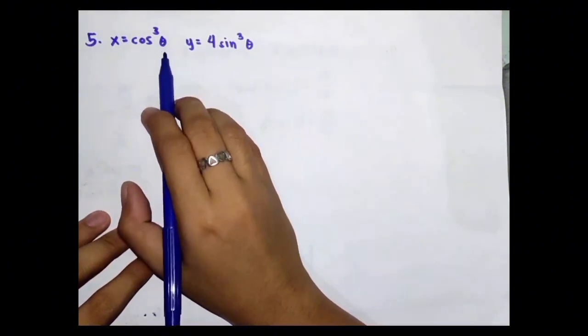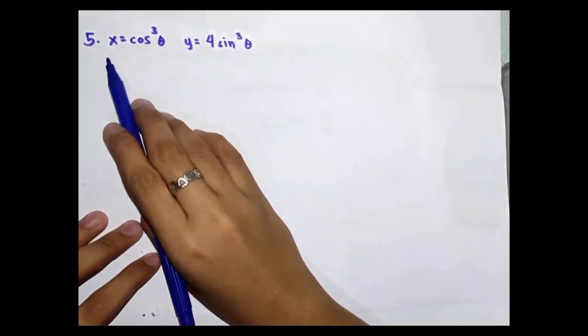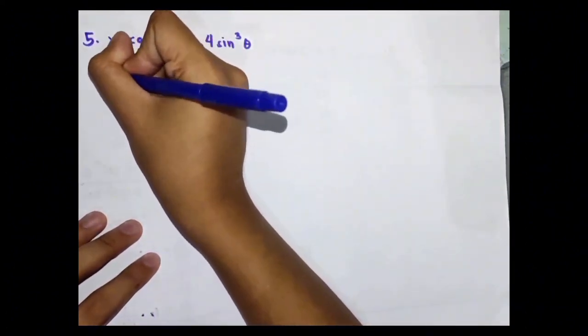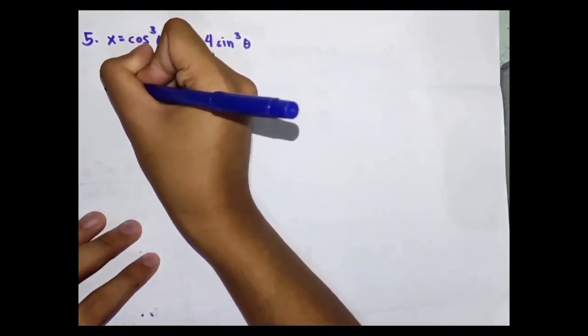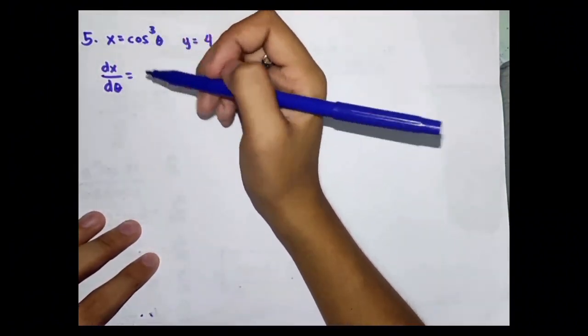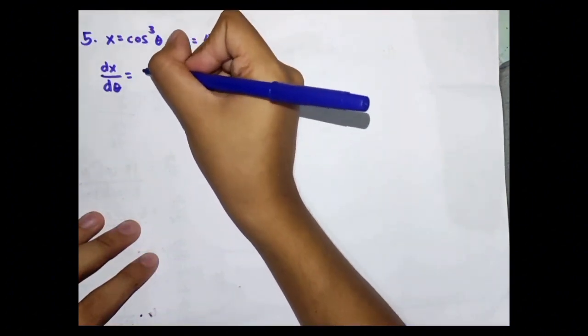x equals cos cube theta, y equals 4 sine cube theta. Differentiate x and y with respect to theta.